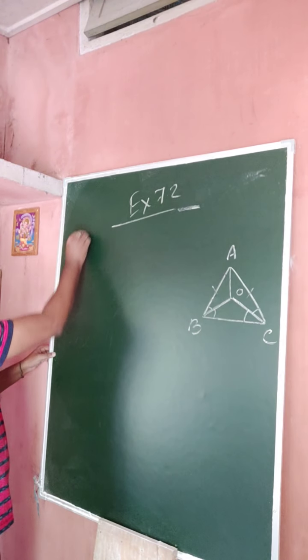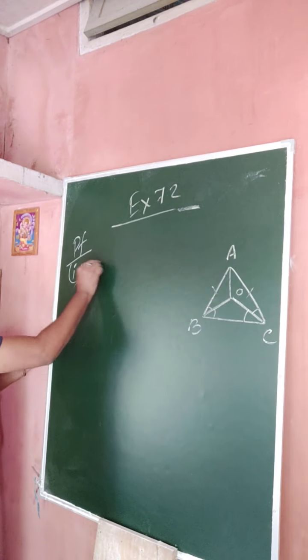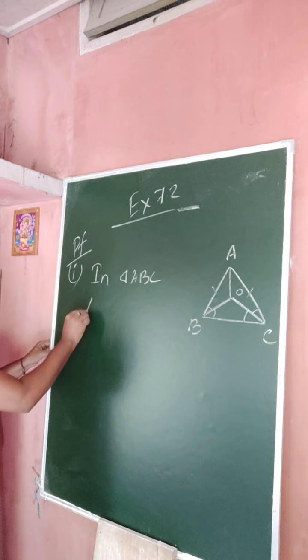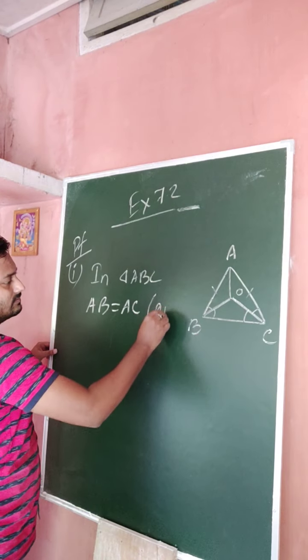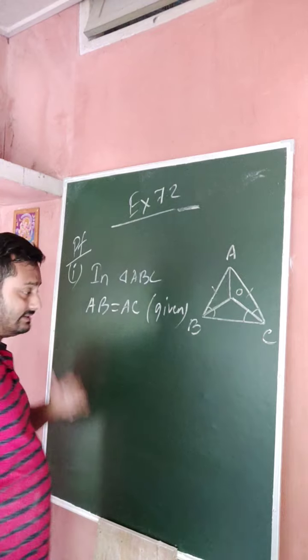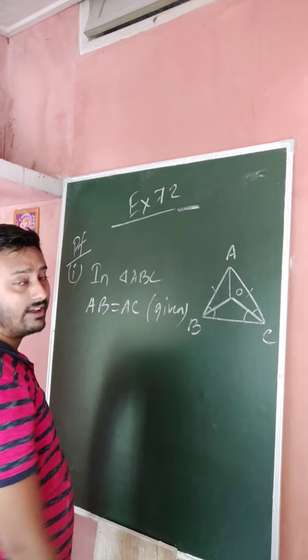So number 1. In triangle ABC, AB equal to AC, which is given. When AB equal to AC, then opposite angles of the sides in the triangle ABC are equal.